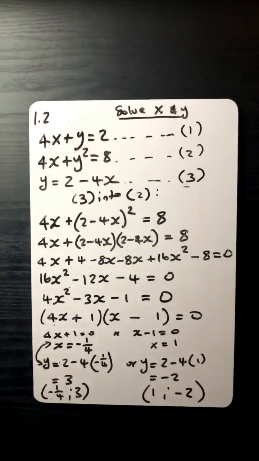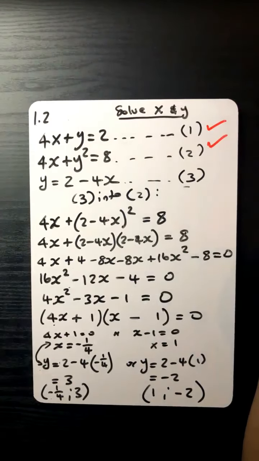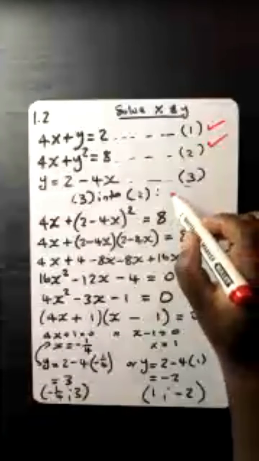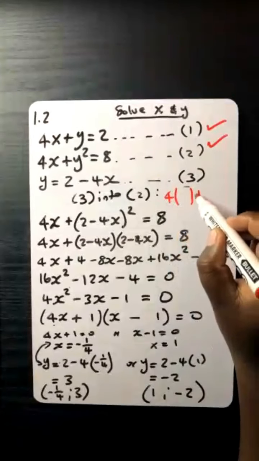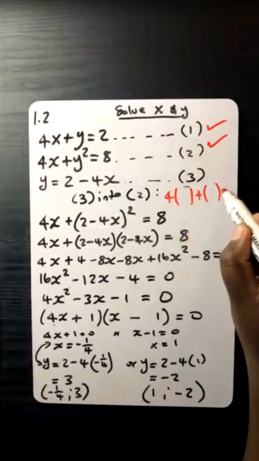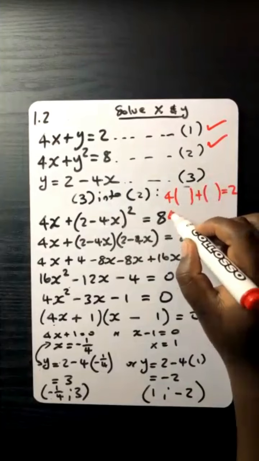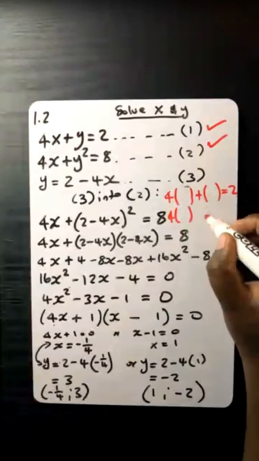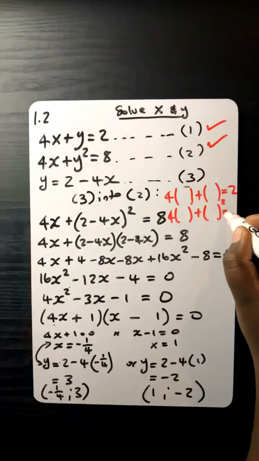Okay, so guys, how do we prove if those x values are correct? That means you substitute into the original equations to test if those values are correct. So if we use the x value plus the corresponding y value, we must get 2. If we use the other equation, 4 into the x value plus the corresponding y value squared, we have to get 8.